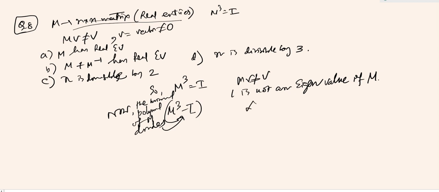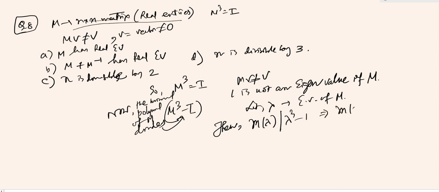So now let lambda be an eigenvalue of M. Then m of lambda divides lambda cube minus 1.